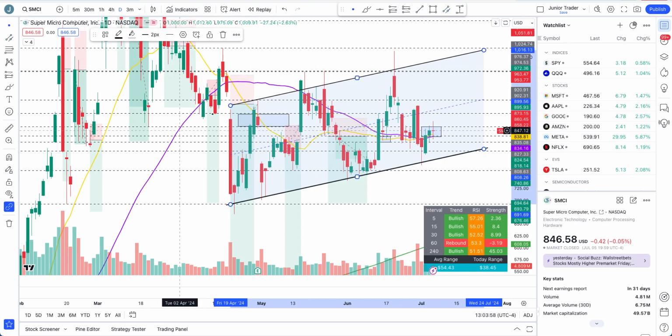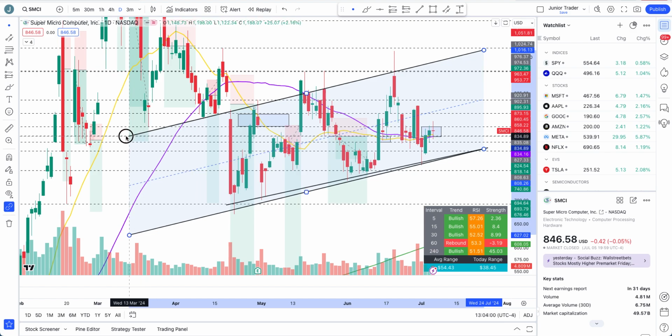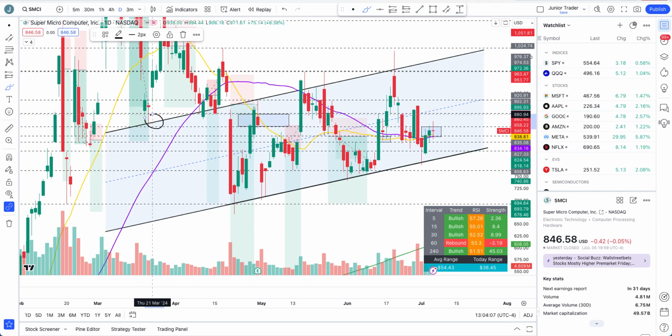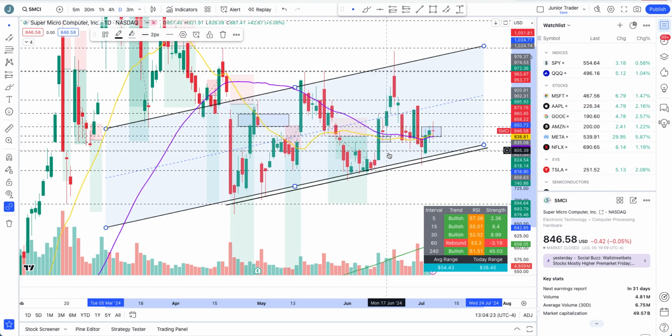If I extend this back, you do have some previous areas of support on this channel. It's more like a boundary of the channel of this trade that you can be tracking on SMCI. Now this is so big and wide that this is more of a swing potential play. You can use it not necessarily for intraday or even shorter time frame trading.